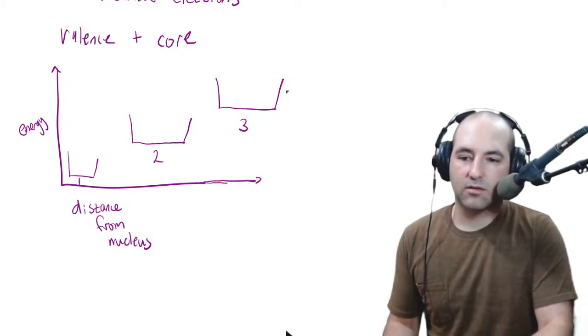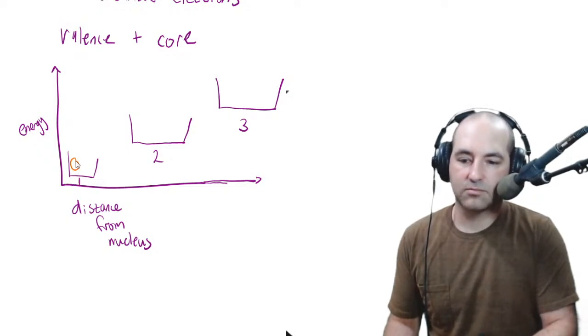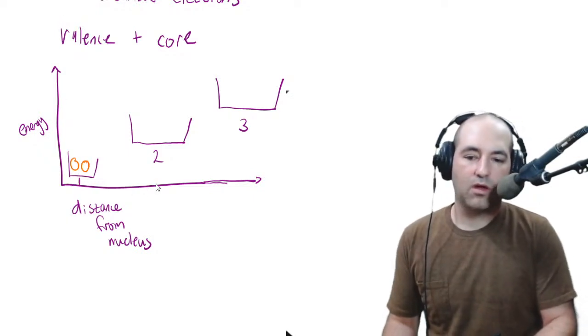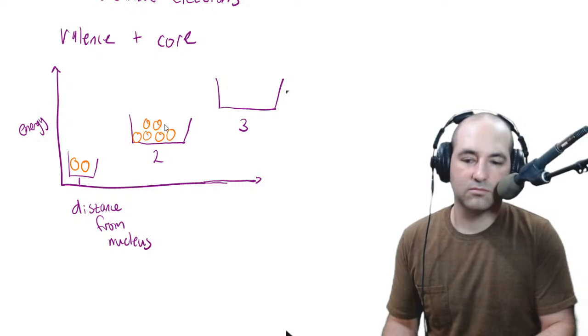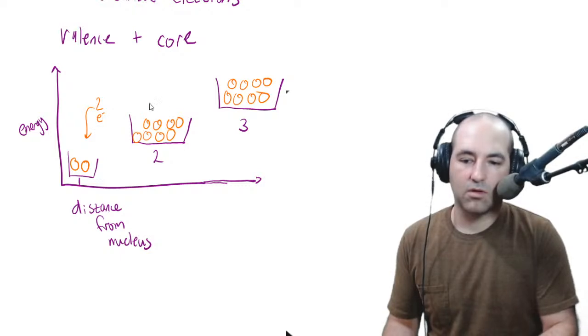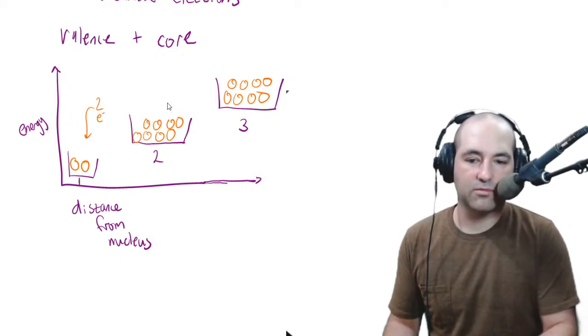Bucket 1 only holds 2 electrons. And then buckets 2 and 3 hold a maximum of 8 electrons. And e with a little minus sign is our symbol for electron.